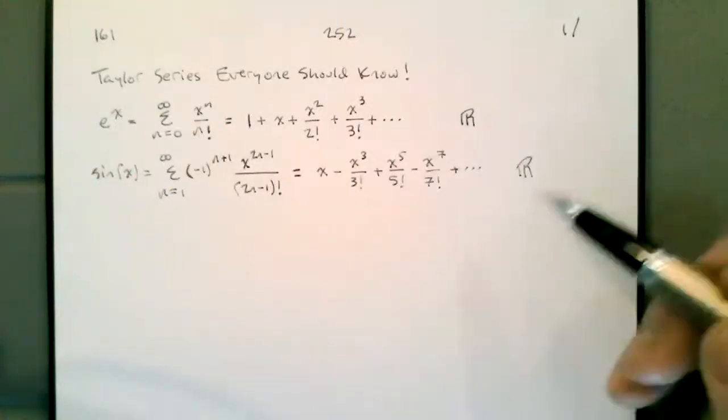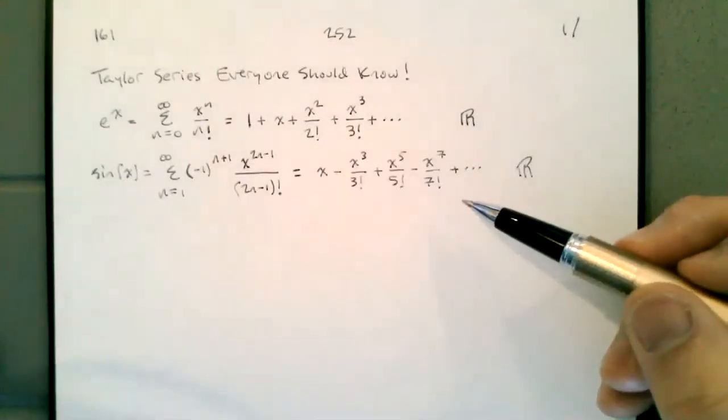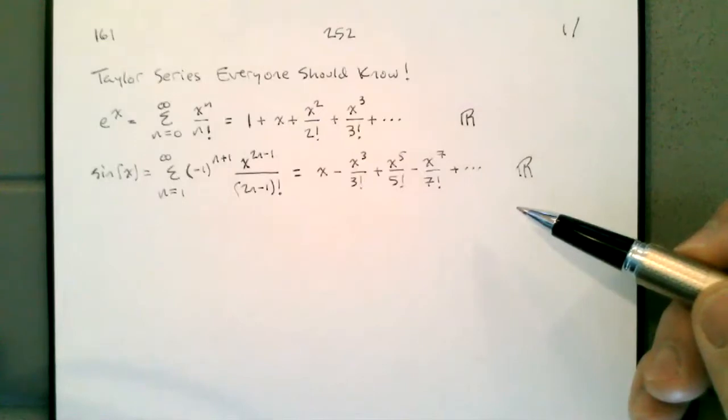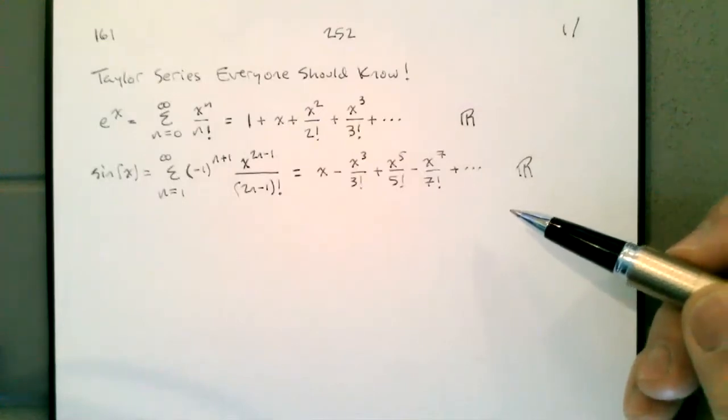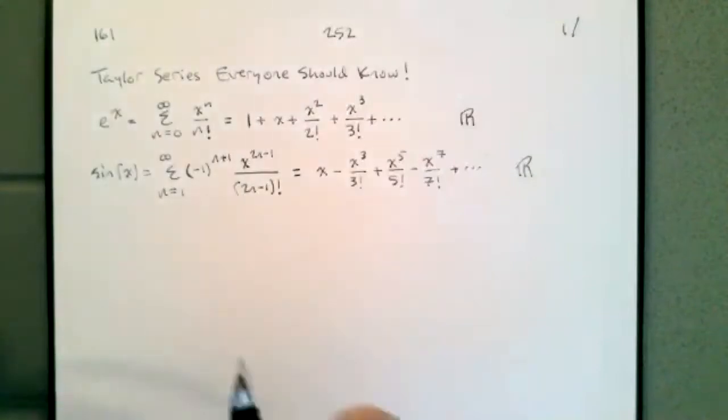So if we're trying to use this polynomial approximation for sine of x, and we're far away from 0, then we're going to need a lot of terms to really widen out the useful range for our model. But there are two aspects to the model being better. The values will be closer, and it'll work on a wider interval.